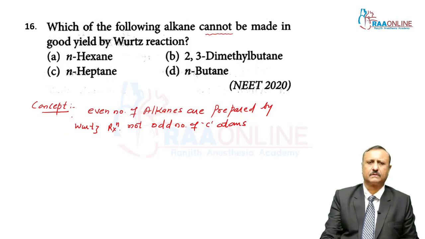Here, my dear students, when we see normal hexane in option A, the carbon atom count is 6.